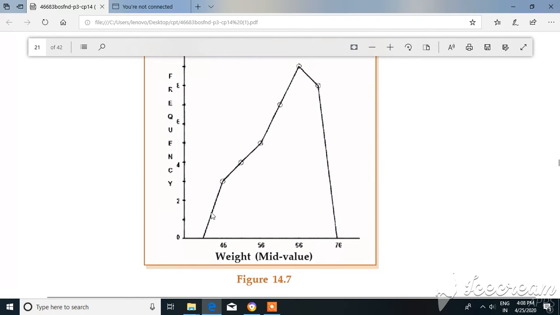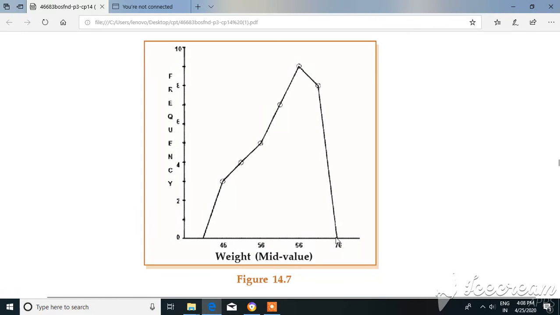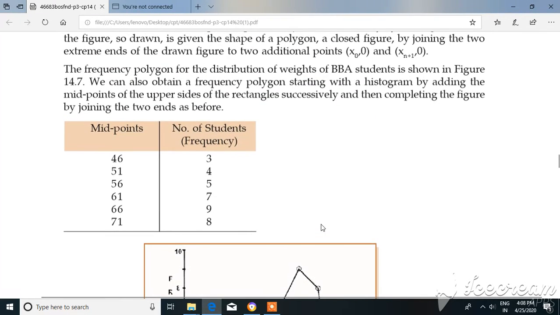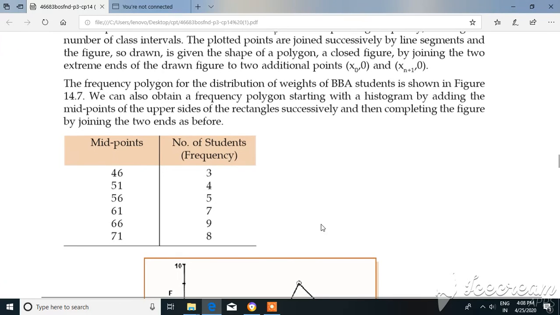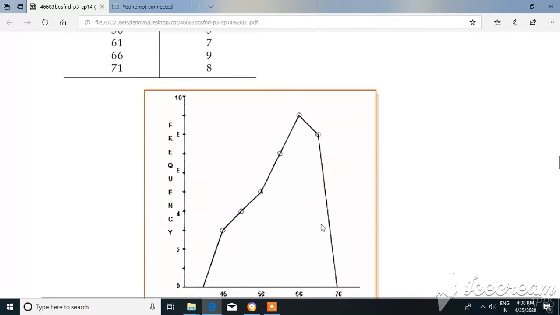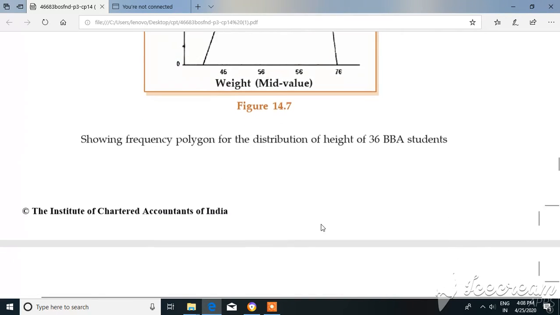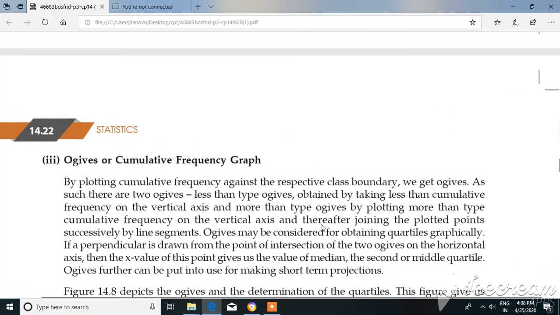Corresponding to this we draw these points, only the difference is here we consider this lower limit also, and here this as upper limit. So this complete figure is nothing but the frequency polygon. Here 46 is your minimum observation and 76 is your maximum observation.